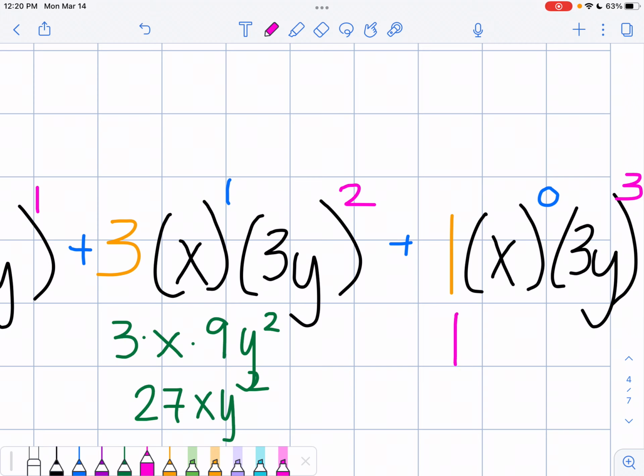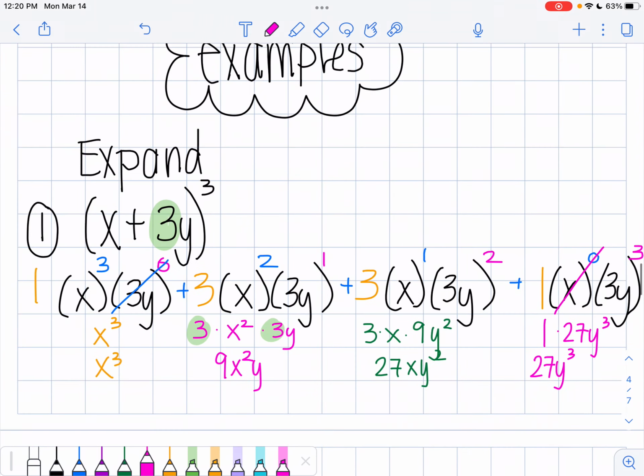I have this one, anything to the 0 power is 1, which goes away, and then 3y to the third power gives me 27y to the third. So my final answer is going to be x to the third plus 9x squared y plus 27xy squared plus 27y to the third.